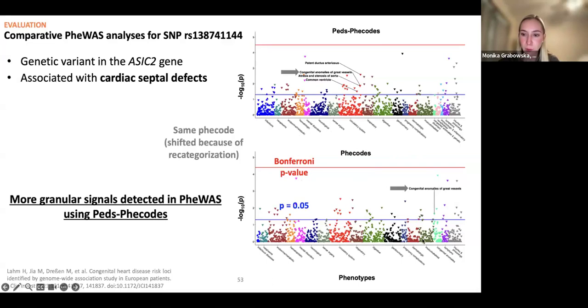So for example, whereas a lot of the congenital cardiac anomalies were in the congenital anomalies category in the original Phecodes, we moved them over to the circulatory system category in the PEDS Phecodes. This gray arrow is pointing to the same Phecode, it's just been shifted because of that recategorization. But again, you can see much more granular signals detected in the PheWAS using the PEDS Phecodes compared to the Phecodes.